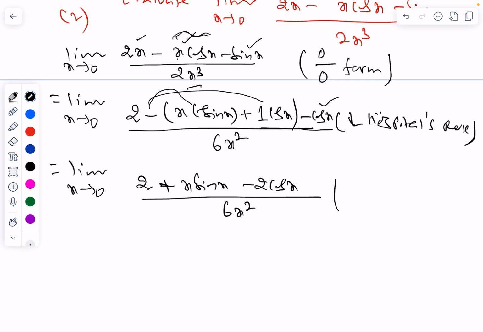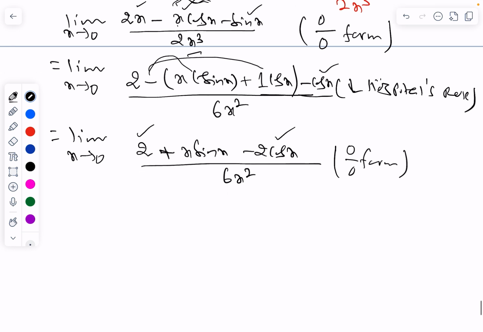We can see this is again 0 by 0 form, because this is 2 and cosine 0 is 1, so 2 minus 2. So 0 by 0 form. Derivative of 2 is 0.